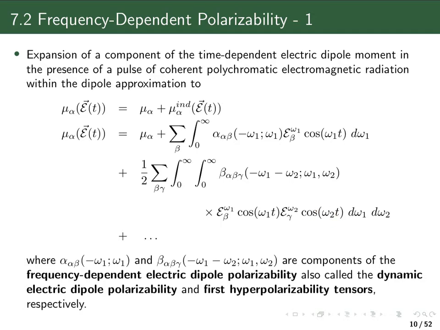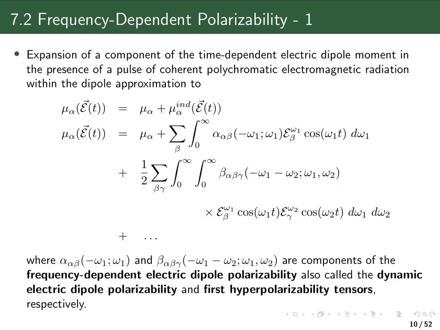Both those fields are polychromatic, so we have two integrations, one over all possible values of omega 1 and one over all possible values of omega 2. And here again, you can see these are the two frequencies coming from the two fields, omega 1 and omega 2, and that is the frequency with which this contribution to the induced dipole moment is oscillating.